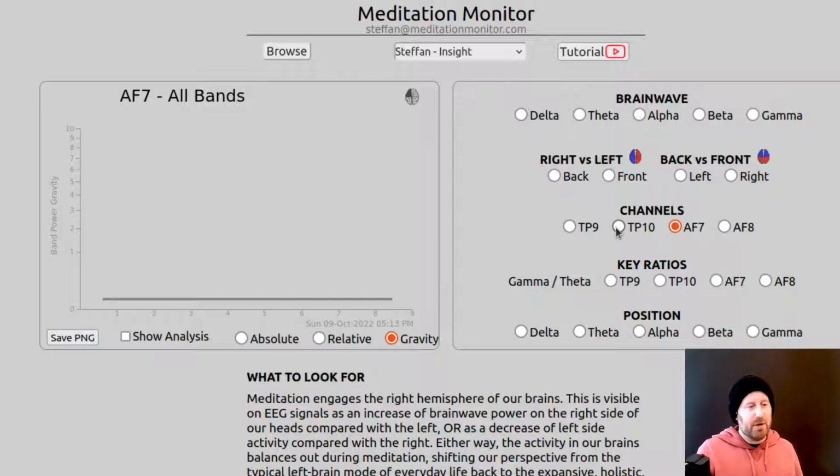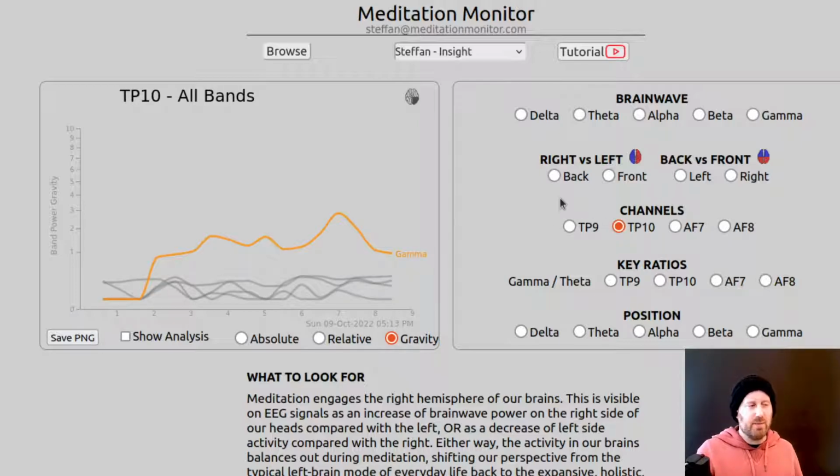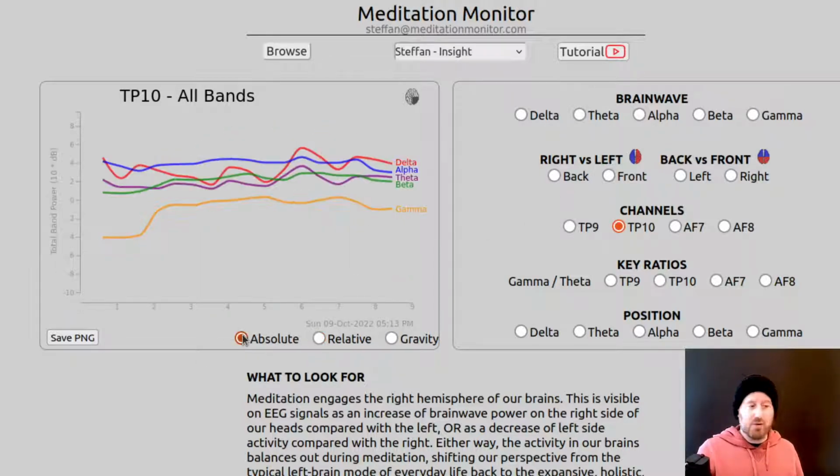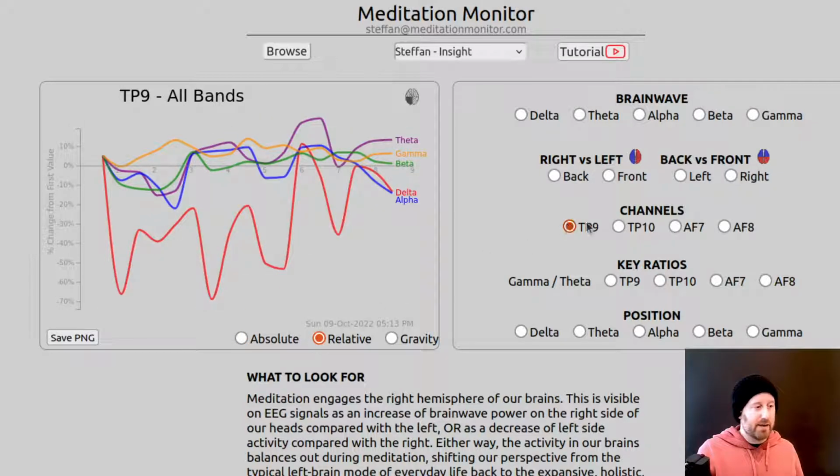So this may seem like a bit of a strange, oddly specific type of graph, but I'm letting the data guide me towards what graphs might be useful. And it does seem to me like this particular view could be a really great way to very cleanly see something interesting that might be happening. For example, with the absolute and relative charts, there's a lot going on, very easy to get distracted.